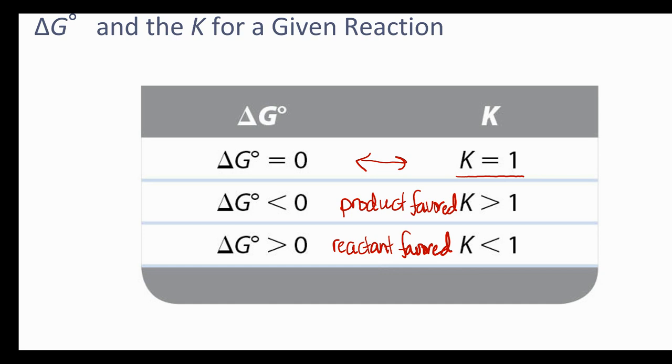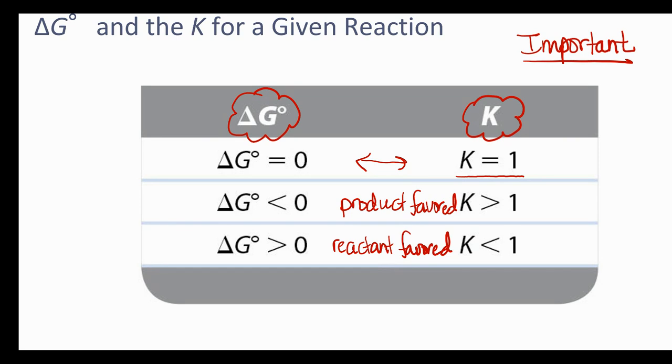This is a really, really important understanding of the relationship between delta G naught and K. Those are linked through your new favorite equation, which is this one, and then solving for K, e to the negative delta G naught over RT.